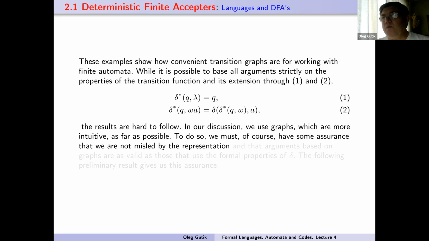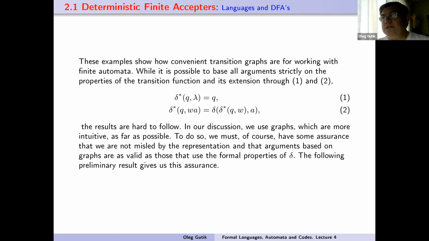To do so, we must of course have some assurance that we are not misled by the representation, and that arguments based on the graphs are as valid as those that use the formal properties of the transition function delta. The following preliminary result gives us this assurance.